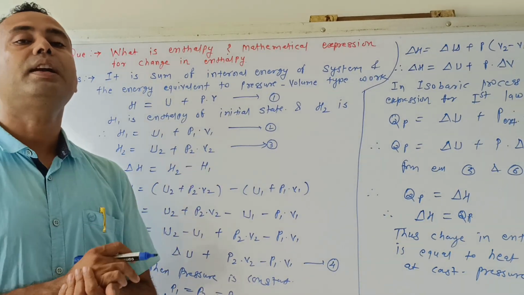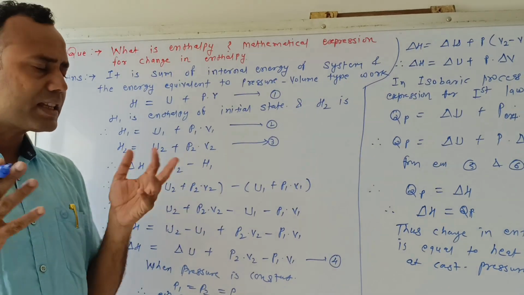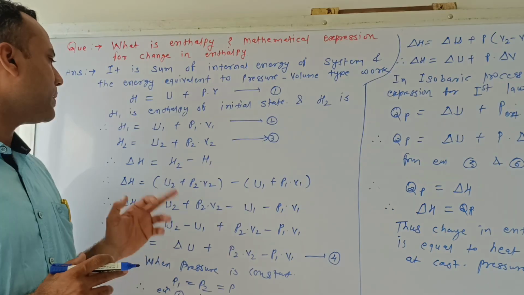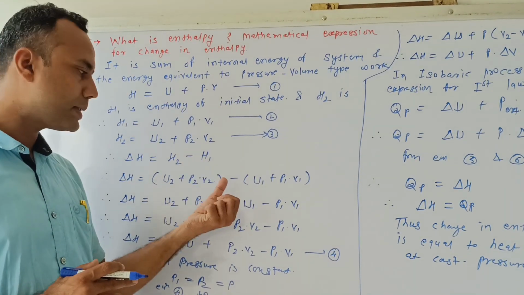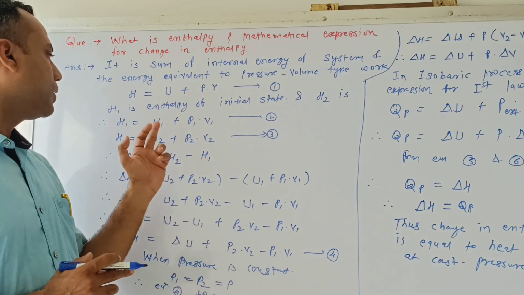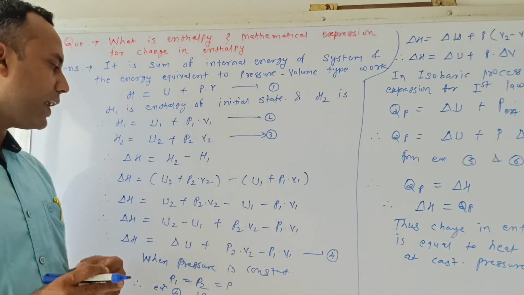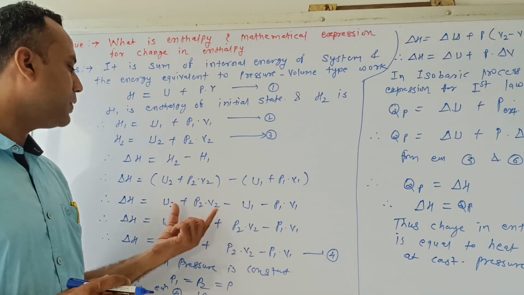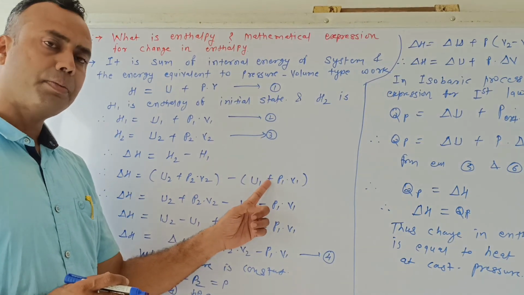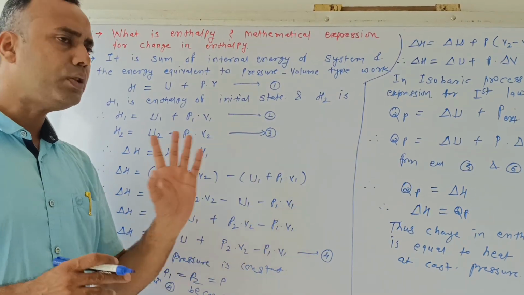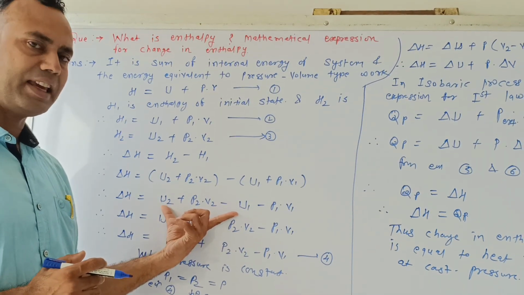अब डेल्टा H is equal to H2 minus H1. उसकी वैल्यू प्लेस करेंगे. डेल्टा H is equal to U2 plus P2 V2, फिर माइनस, U1 plus P1 V1. अब माइनस साइन से इसको मल्टीप्लाई करेंगे. डेल्टा H is equal to U2 plus P2 V2 minus U1 minus P1 into V1. उसके बाद जो सिमिलर टर्म है U2 U1, ये पास लेके आएंगे.